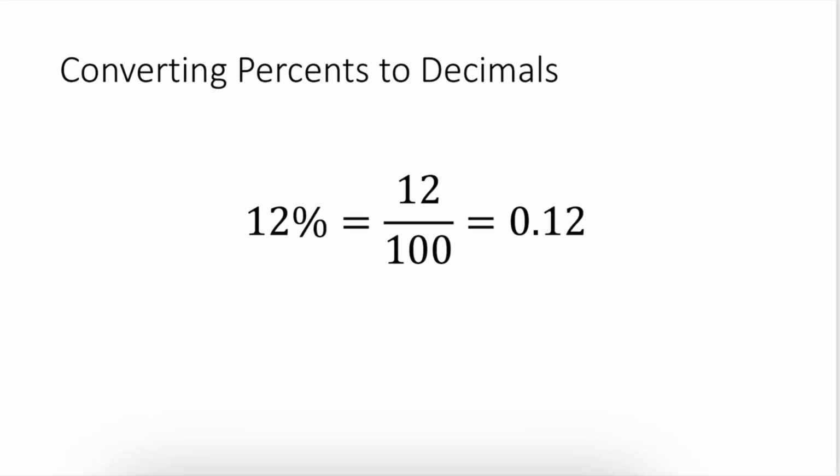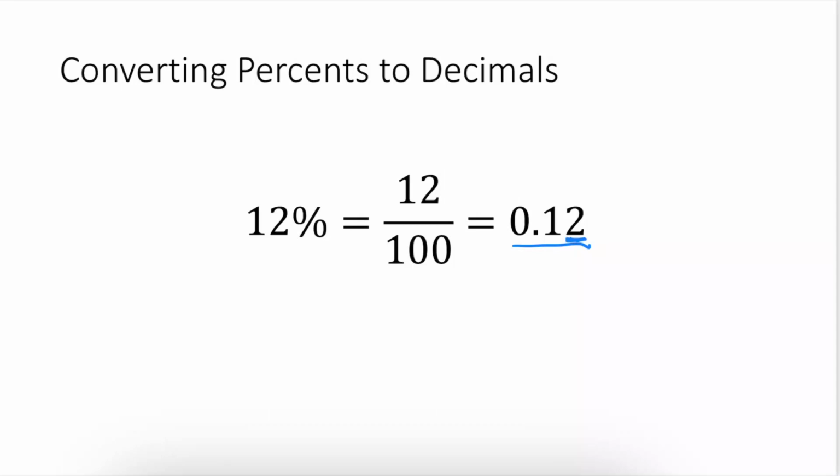For example, if you have 12%, what that means is you have 12 out of 100, or 12 hundredths, which is the reason why you can write it as the decimal 0.12, because this is the hundredths place value, and you have 12 hundredths.